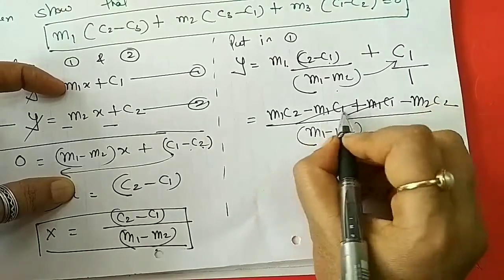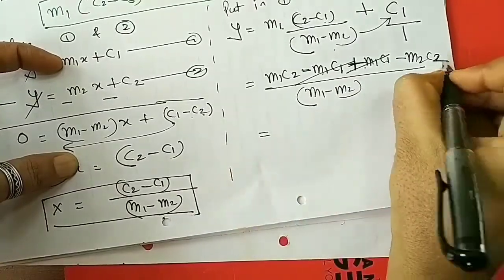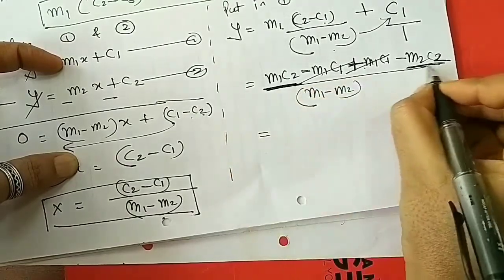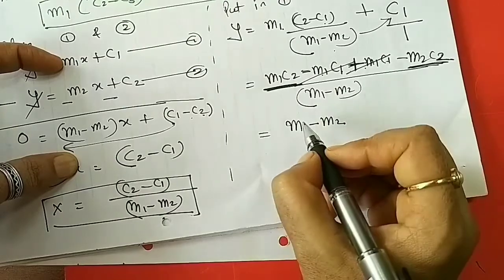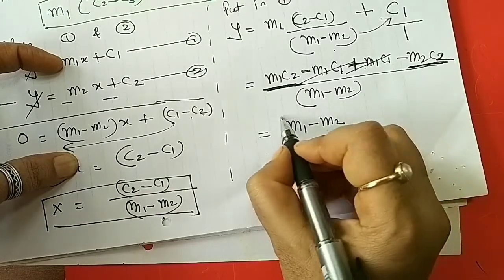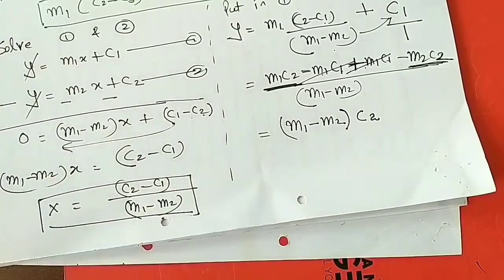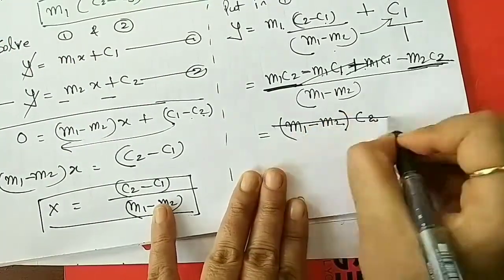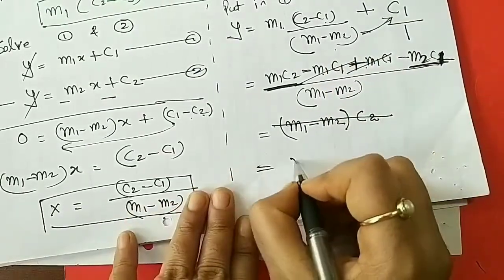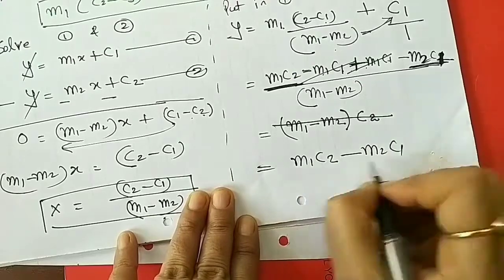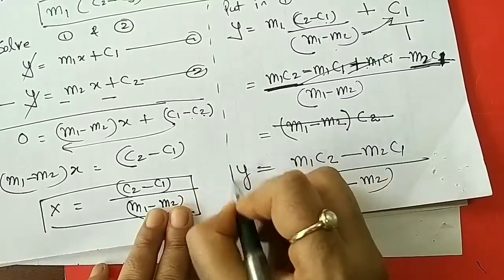This will cancel: m1 c1 is plus and this is minus. So what I am getting is m1 c2 minus m2 c1. I'm sorry, this was c1, so this is m2 c1. So this will be (m1 c2 minus m2 c1) by (m1 minus m2). So this is my y.